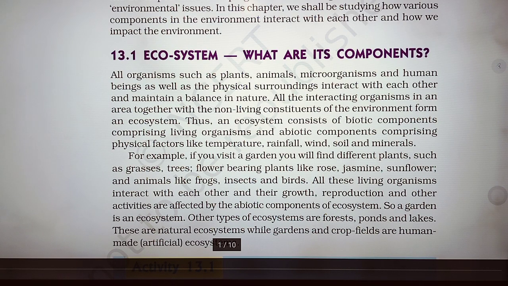All living organisms such as plants, animals, microorganisms, and human beings, as well as the physical surroundings, interact with each other and maintain a balance in nature.